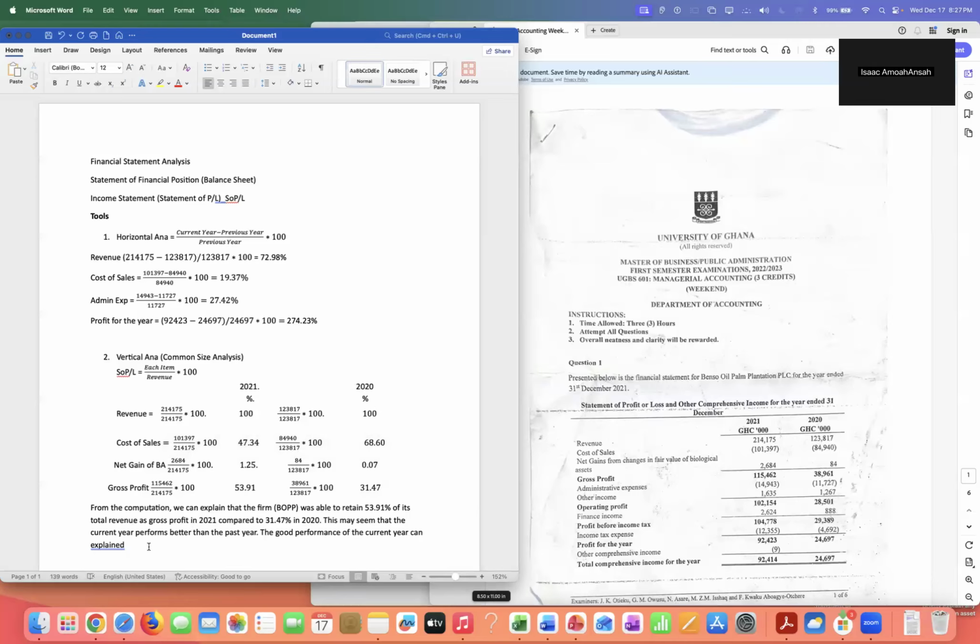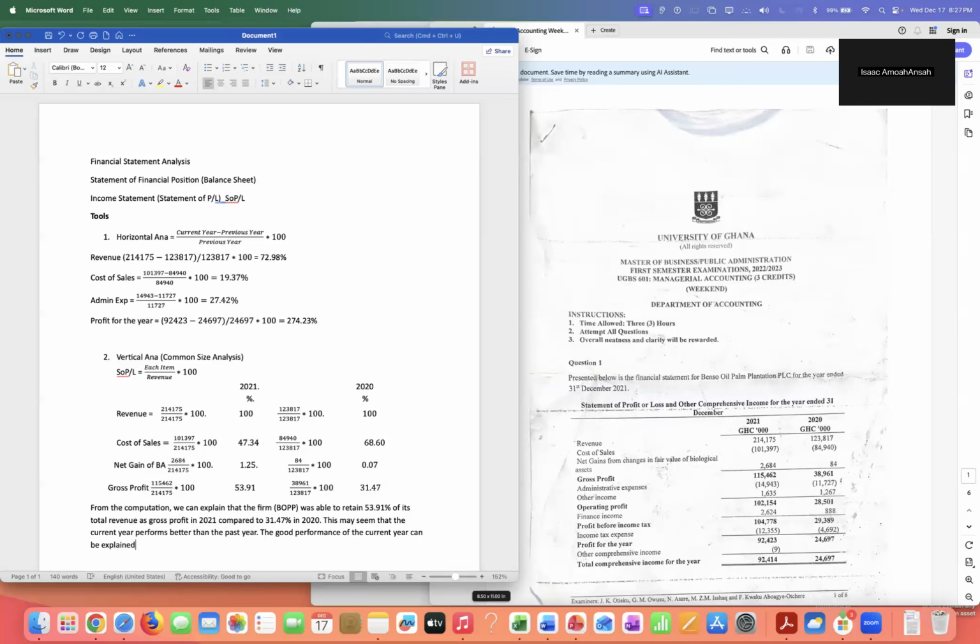So the good performance of the current year can be, I think there should be a "be" here, can be explained. Chief, can we also say it can also be related to the firm's ability to cut down cost of sales?